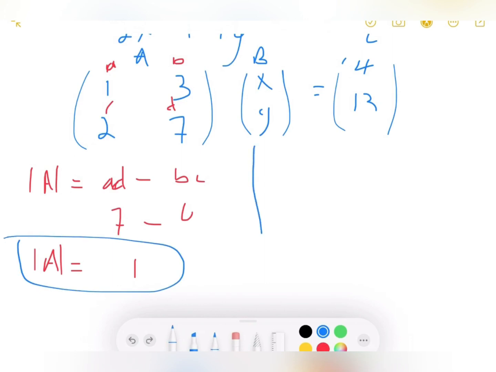Next thing we want to find is the transpose, which is denoted by A with a capital T up top.